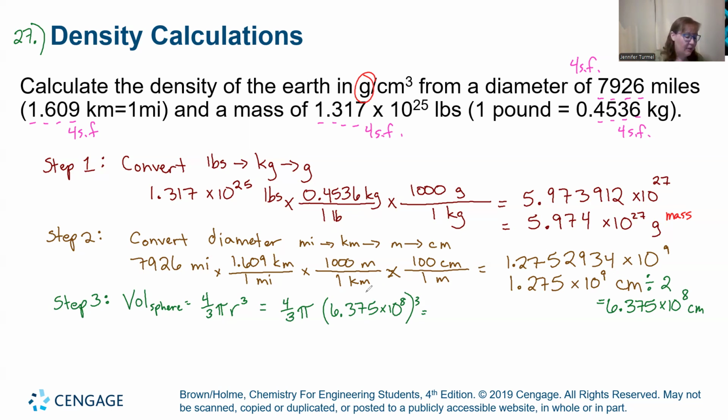Again, we can only have 4 significant figures. So this becomes 1.085 times 10 to the 27th cubic centimeters. And that is our volume.